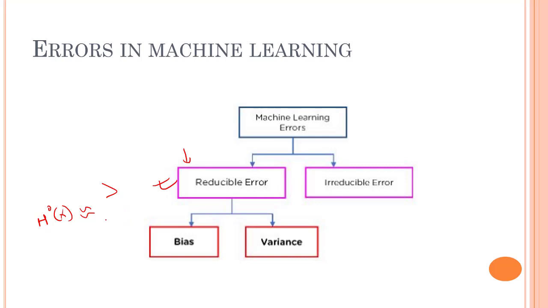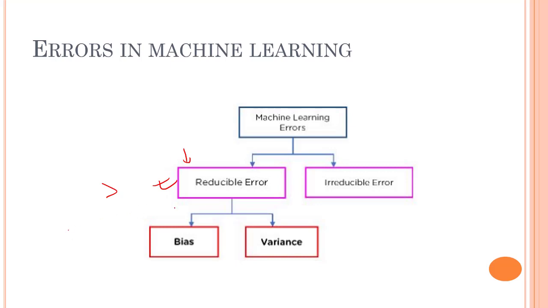It does not actually match the desired output function, so it can be optimized. So let's say we have h of x and the desired function. These two are not quite equal, so we can do different things to make them quite near to each other and improve our model successively.